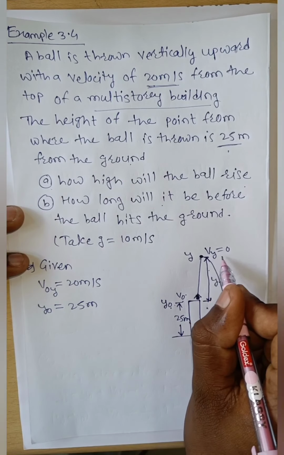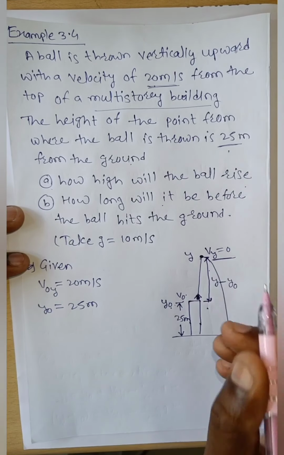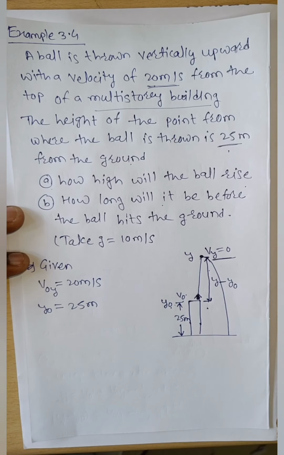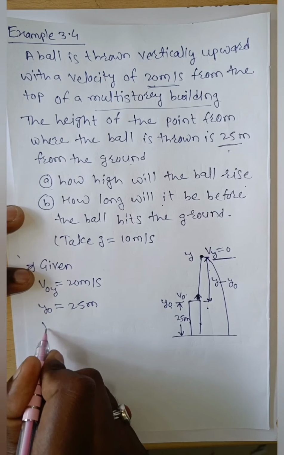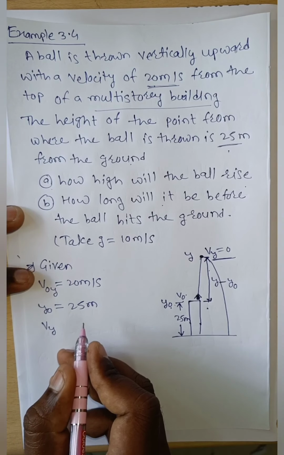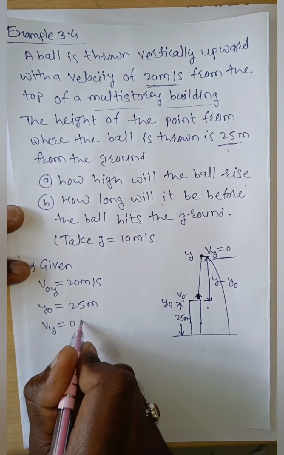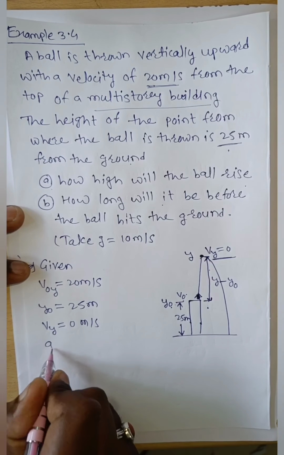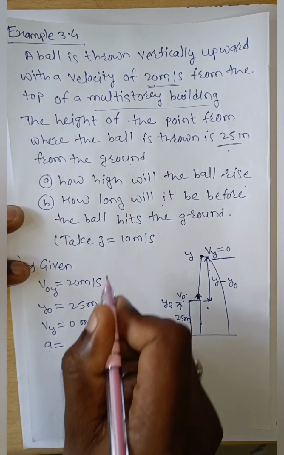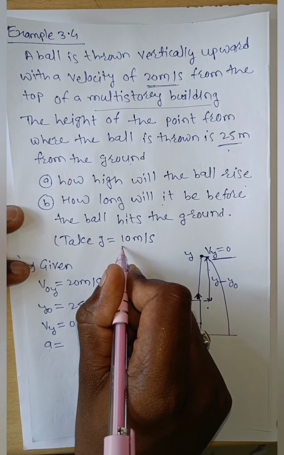Next, the final velocity: when the object reaches the maximum height, the final velocity vy is equal to 0 meters per second. And acceleration a is equal to how much?